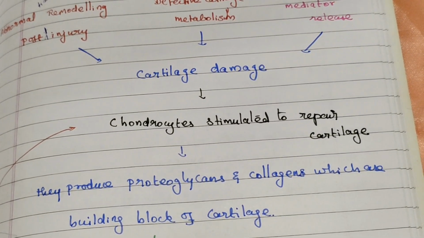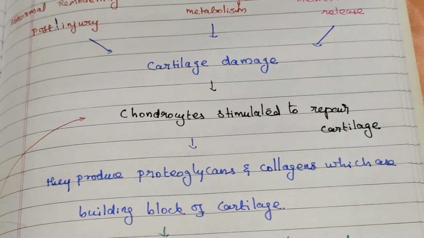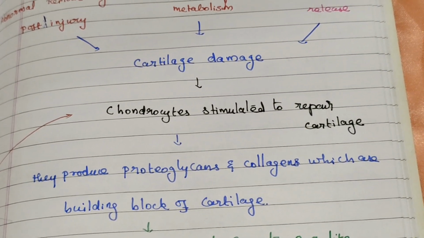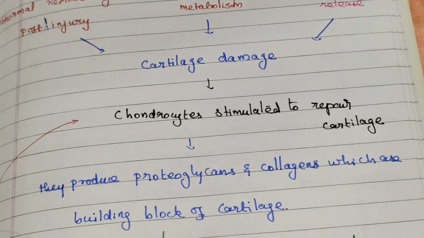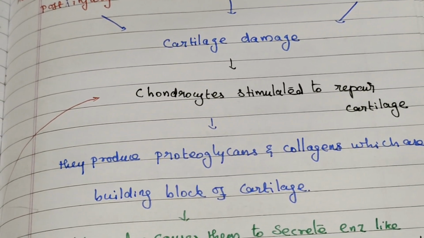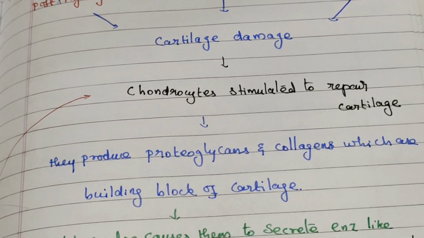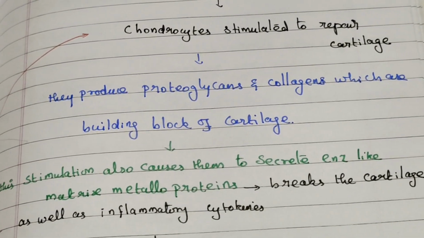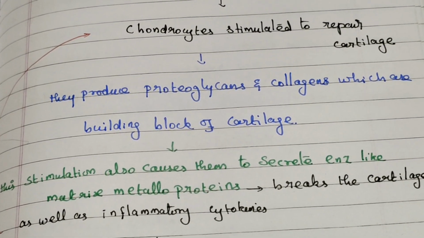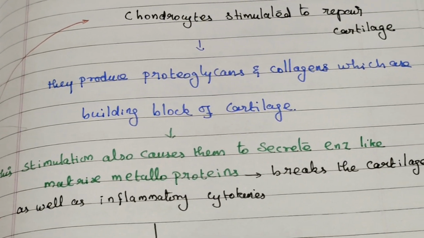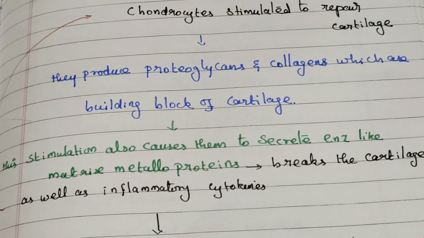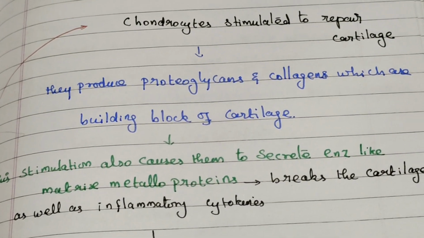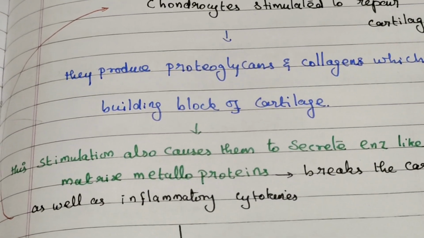The overall mechanism is thought to be due to chondrocytes being stimulated to repair the cartilage. They produce proteoglycan and collagen, which are the building blocks of cartilage.